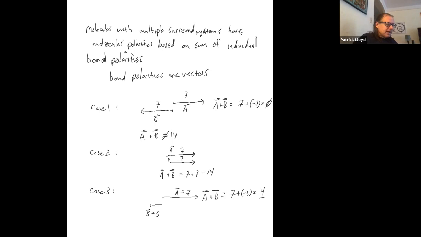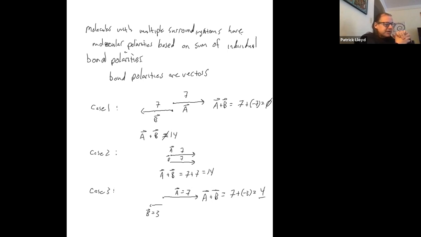Those are the 3 simple cases that you don't really need to worry about doing complicated calculations. If they're in between, if they're not in opposite directions or in the same directions, then the mathematics is a little bit more complicated, but we're not going to really deal with that too much in here. Okay, that's something you would do in a physics course.